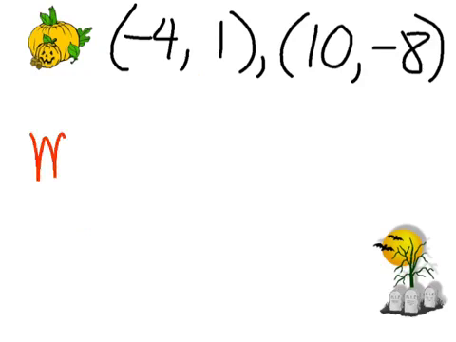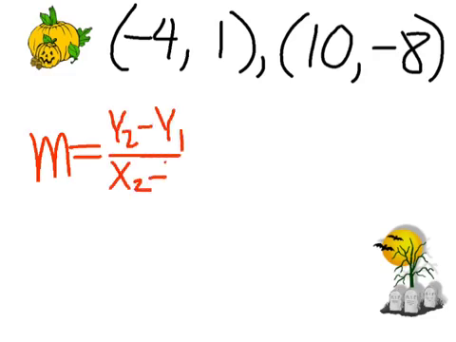Okay, for example 6, we're going to work out our entire formula until we get our slope. What do we need to plug into our formula? y2 minus y1 over x2 minus x1. So what's our y2? -8.